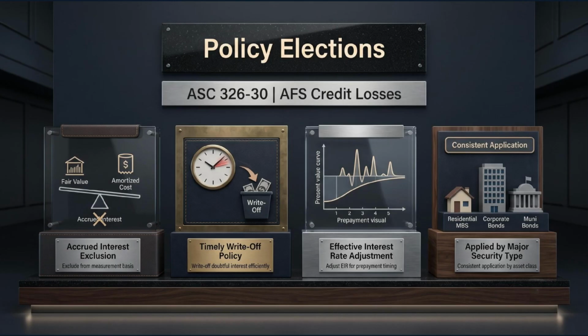The entity may also elect to adjust the effective interest rate for expected prepayment timing. These elections are applied consistently by major security type such as corporate bonds or mortgage-backed securities. Consistency is what turns a choice into a policy.